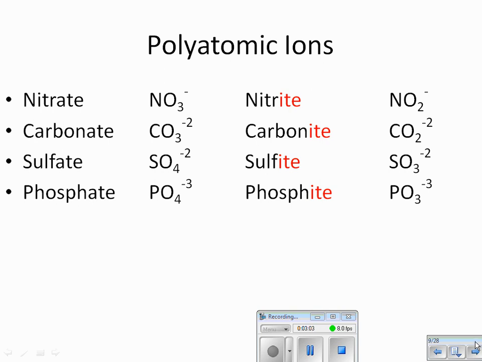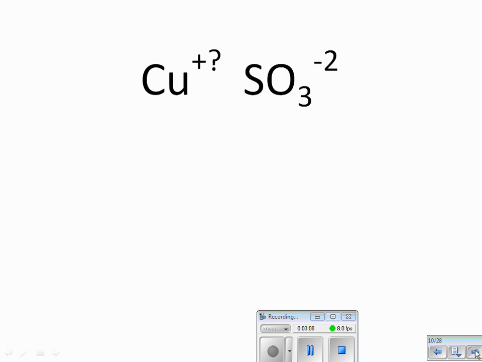So let's go back to our compound and see how they are bonded together. We know we've got sulfite. We know that the charge for this polyatomic is -2. And we are trying to determine the charge on copper.